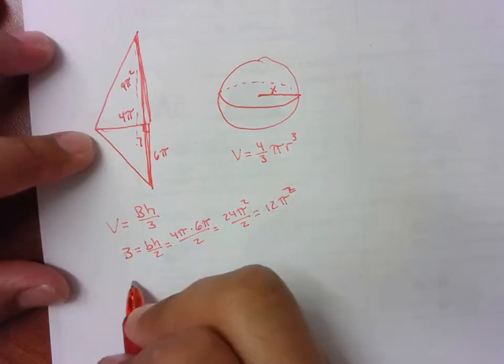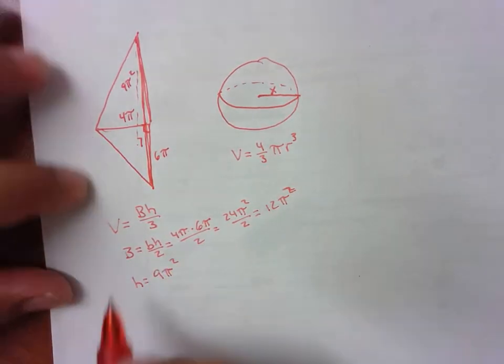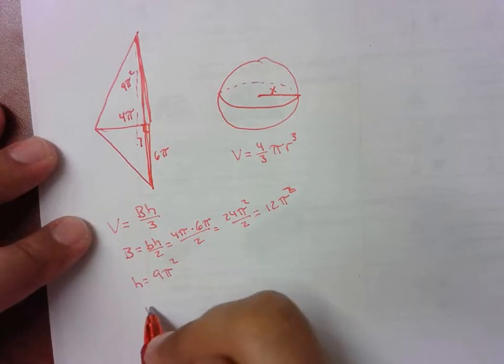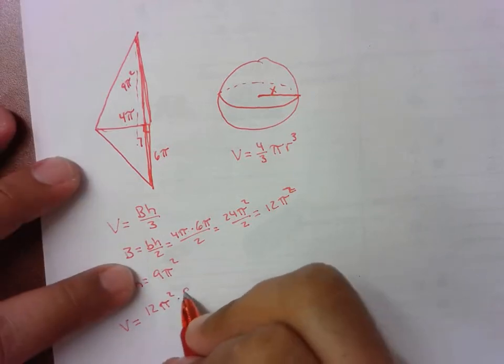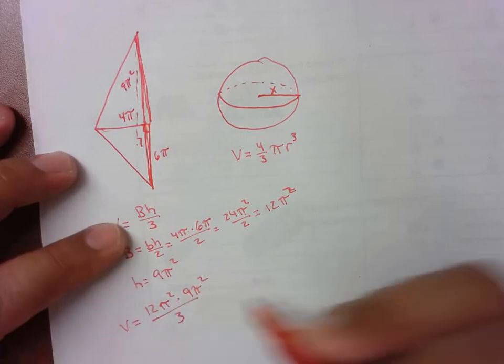That's the area of my base. My height is 9π². So volume is base times perpendicular height divided by 3. Base is 12π² times the height, which is 9π², divided by 3.